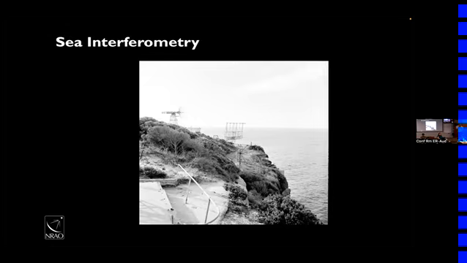All right. This is one example, sea interferometry. We're going to talk a little bit later about the different types of radio telescopes you can build. One way to get a more precise bearing on a source of radiation is by using what's called sea interferometry. So you have some radio waves that are coming straight into that receiver that's on the cliffside.